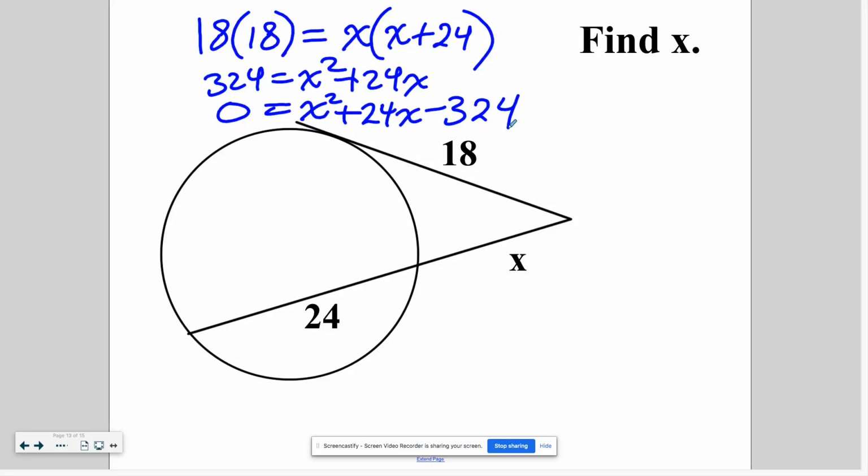I'm going to try and see what I get for solutions for this. It doesn't come out even, it doesn't factor. So you have to use the quadratic formula.